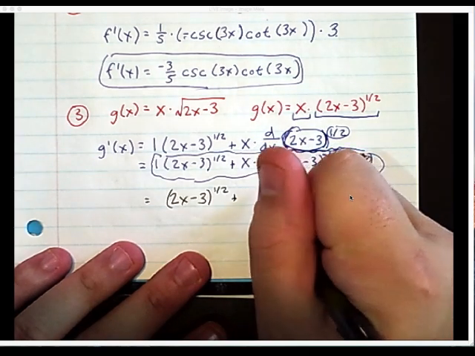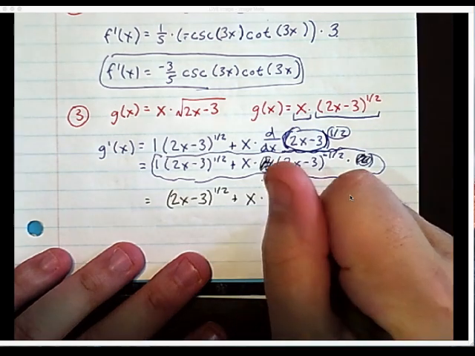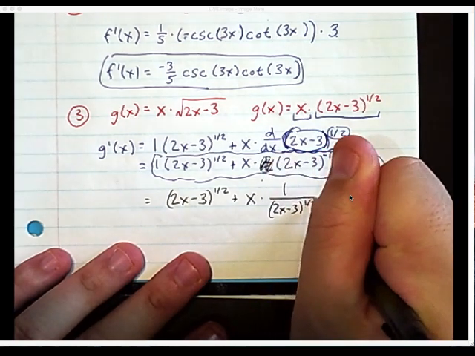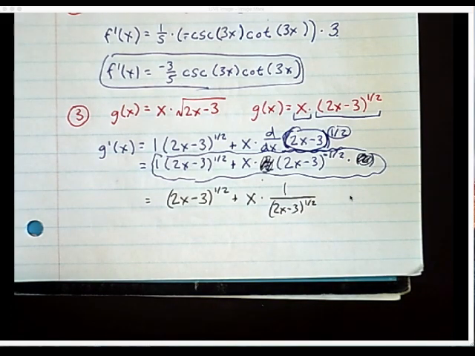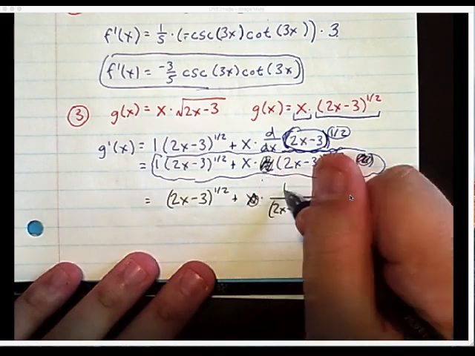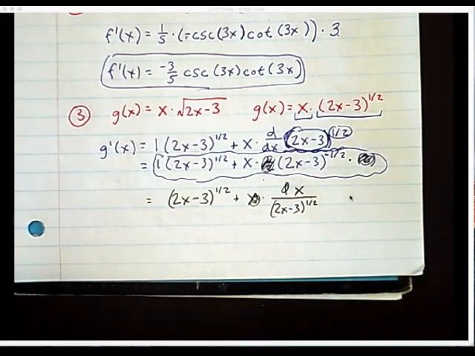So what I can do, I can move that to the denominator and again write it as a positive 1/2 power. And this x in front, x times 1, that would just be x.